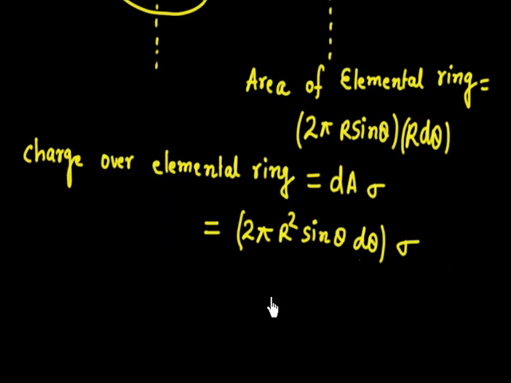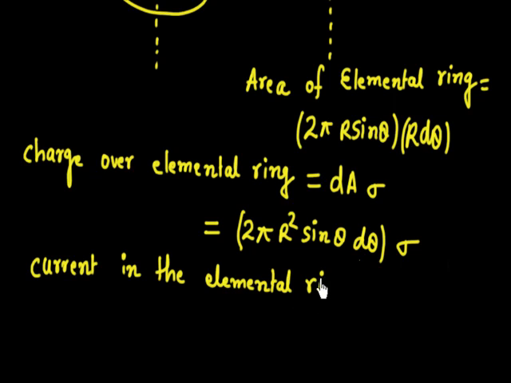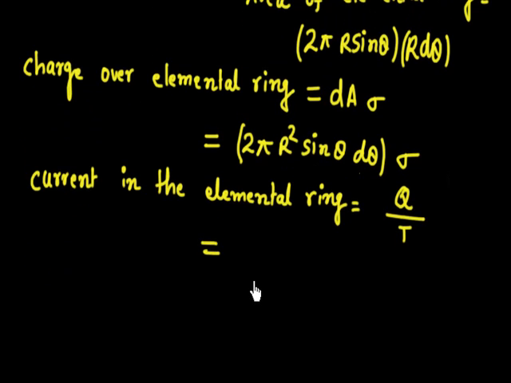What is the current due to this elemental ring? This is easy. I can calculate the current, that is nothing but Q by time, and Q is this, and time is 2 pi by omega.